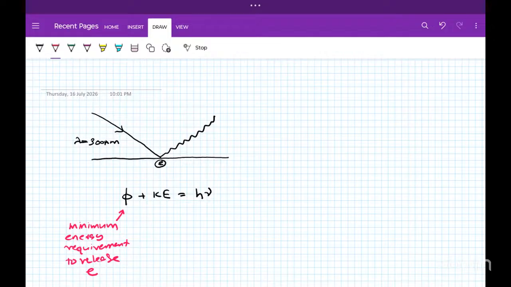You can think of it like a potential energy of the electron, and that is responsible for the de Broglie wavelength lambda of the electrons released from the metal surface.